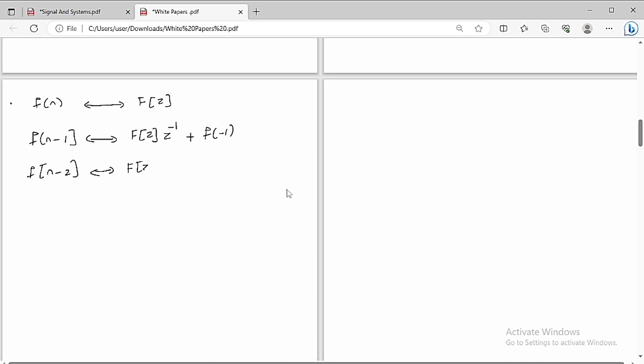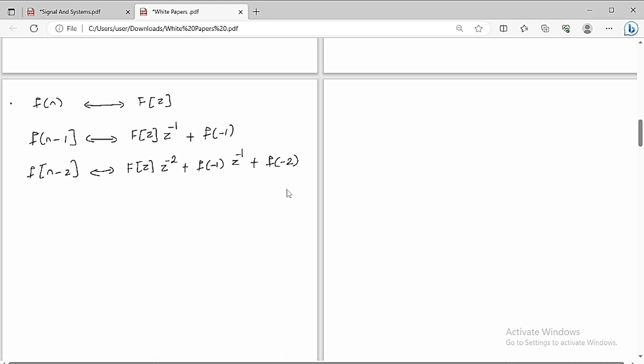F of z into z to the power of minus 2, then f of minus 1 into z to the power of minus 1 plus f of minus 2. So if you see clearly, whatever number minus 1 comes here, stop there. Don't write any z here. First f of minus 1, then f of minus 2. So minus 2 is reached, right? So don't write anything more.